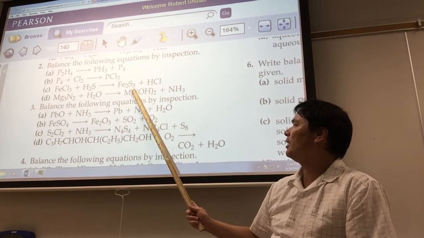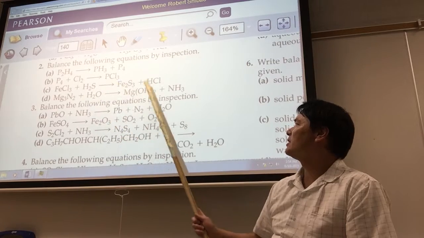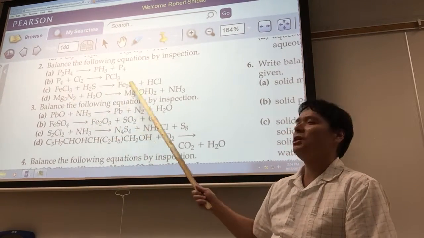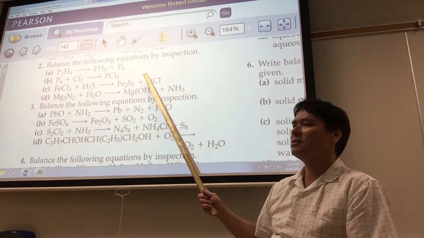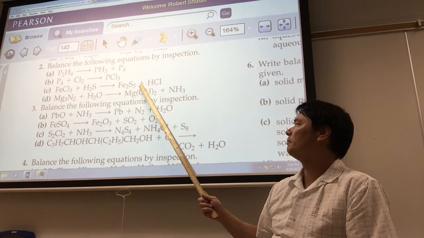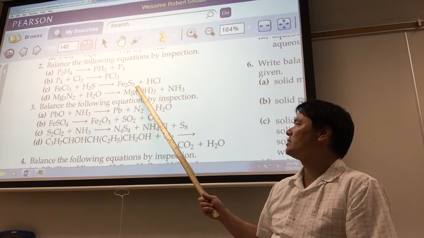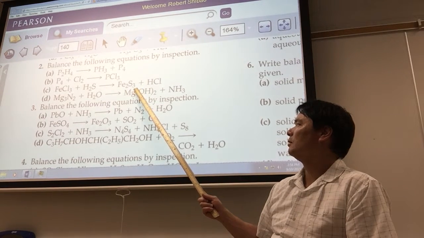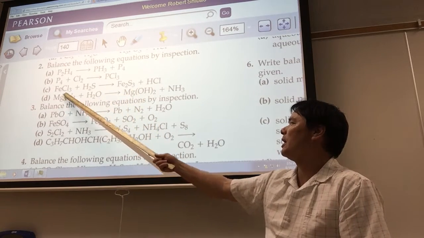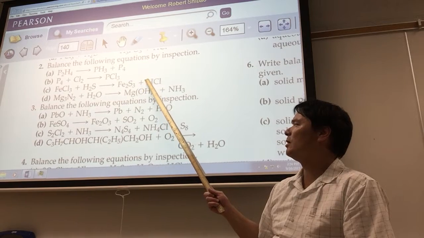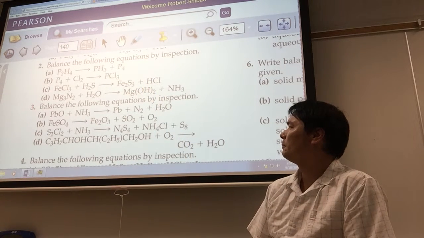Sulfide stays as sulfide. Hydrogen ions stay as hydrogen ions. And so the oxidation states did not change, meaning it's not redox. Therefore it must be either acid-base or double replacement. Well, this is double replacement, AB plus CD. Do you see the pattern? This is what we call a metathesis reaction.